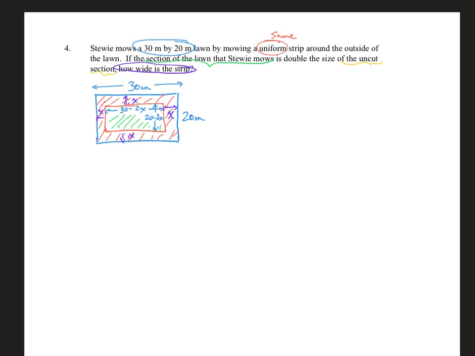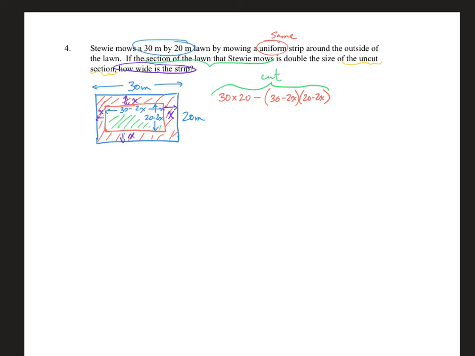Then I can take that sentence and translate it. The first part I need is what's going to create the section of the lawn that Stewie mows. Maybe I can look at that and say that's kind of like a donut question. That red shaded region would be the whole thing minus the portion that was cut on the inside. That portion represents the cut section.